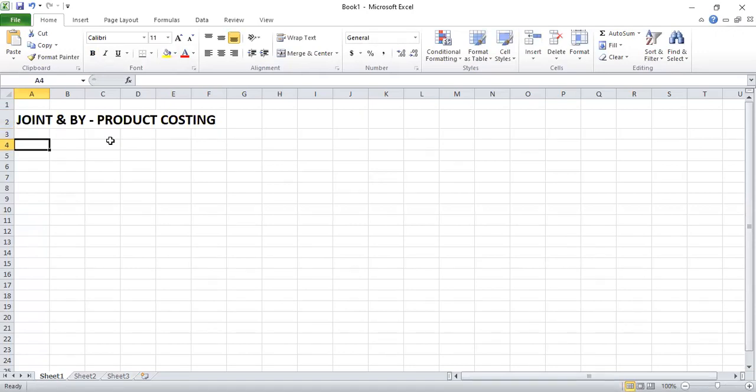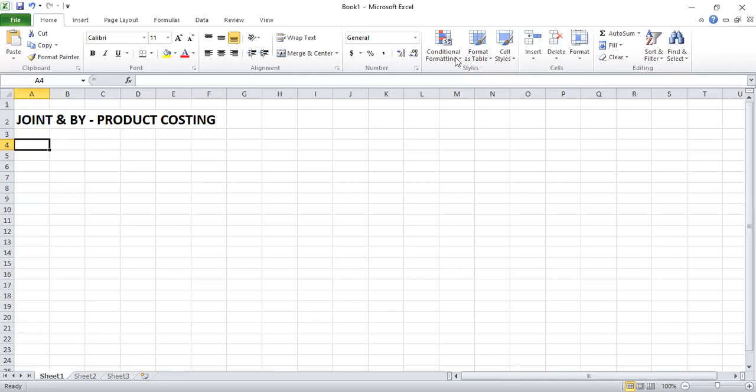Joint costing, we use it when we produce multiple products using the same production process. It's unlike process costing. With process costing, we will be producing the same product in masses, that is in large quantities, exactly the same standard product. But when we talk about joint and byproduct costing, you'll be producing more than one product using the same process.